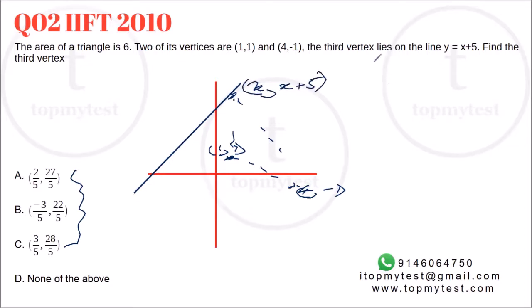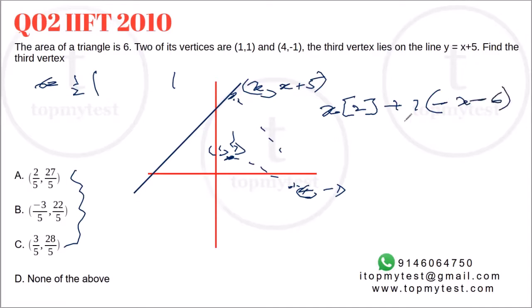Now let's use the area formula. 6 should be half of the modulus of some value, which means the modulus should be equal to 12. So what will that modulus be? Looking at the area relation, it will be x into (1 minus minus 1), so that's 2x, plus the second one, 1 into (minus 1 minus x minus 5), so that will be minus x minus 6.